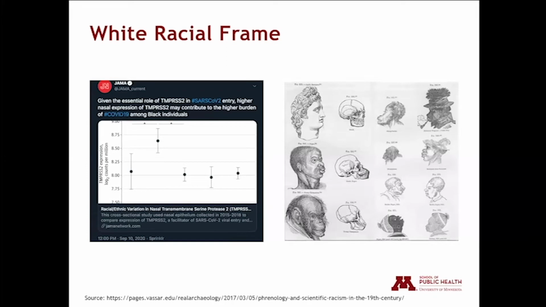One such example is this tweet of an article published in JAMA in September of 2020 that claimed that the higher COVID-19 infection rate and higher mortality rate in Black people compared to white populations was due to differential gene expression. We can see very clearly that this idea still relies on Black physical difference to explain the outcomes we were seeing.